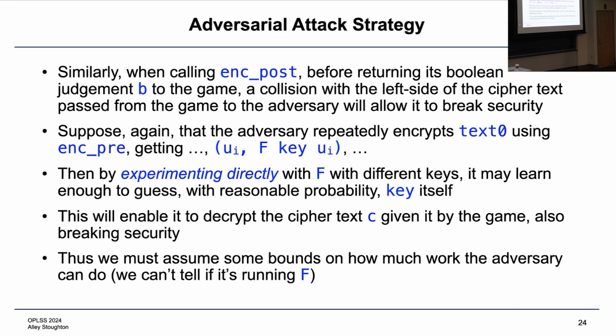And so it can then shop around trying to find a key that produces the same input-output behavior. And if it can do that, well, then there's a good chance that it has the key that will actually decrypt the real ciphertext. So it's a subtly different way of doing an attack.